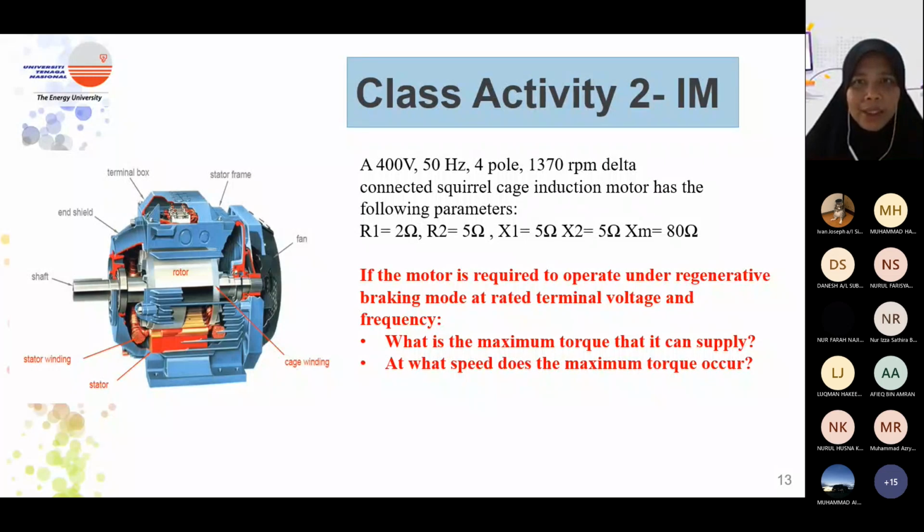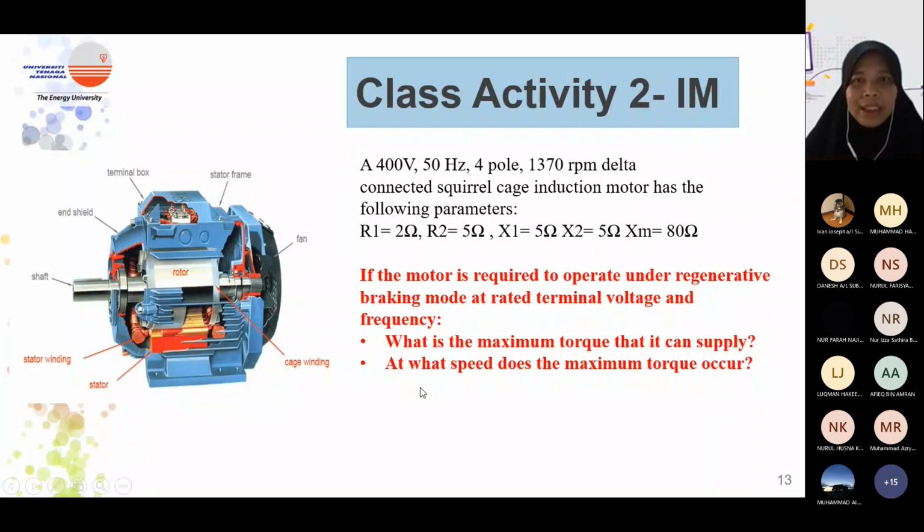So kita ada same question, a 50 Hz 4-pole 1370 RPM delta connected squirrel cage induction motor have the same parameters. If the motor is required to operate under regenerative braking mode at rated terminal voltage and frequency, what is the maximum torque that it can supply and at what speed does the maximum torque occur?